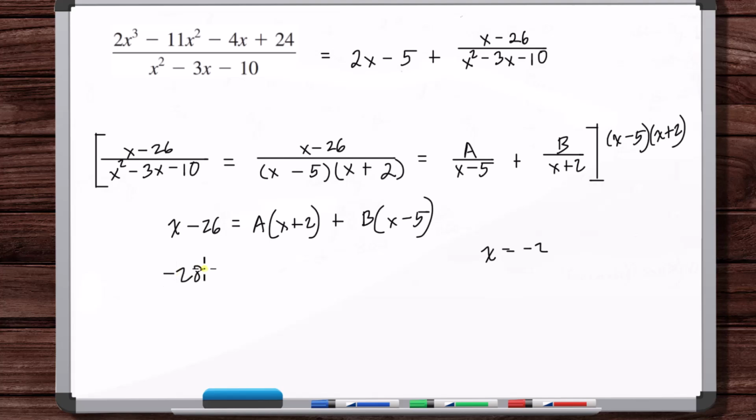We've got minus 28 is equal to minus 7b. So b is equal to 4. And then if we said x is equal to 5, you've got 5 minus 26 is minus 21. Okay, so a is equal to minus 3.